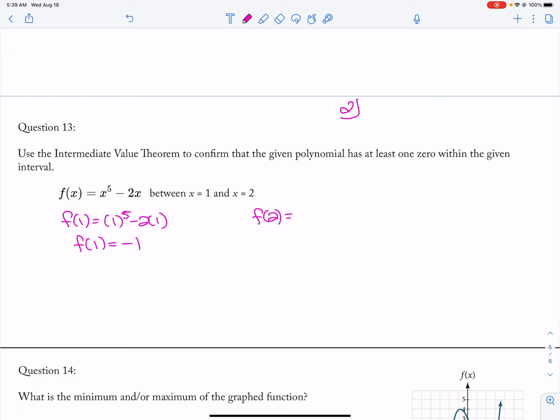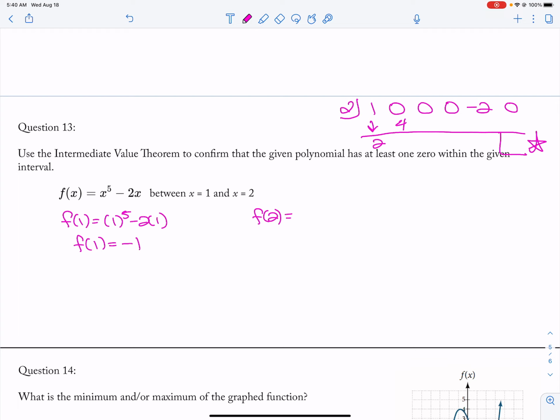My coefficient of x to the 5th is 1, my coefficient of x to the 4th is 0, there's no x cubed, there is no x squared, there is an x, and there's no constant term. So I could use synthetic division, and whatever I get down here is actually going to be what f of 2 is. I do this sometimes when I just need a quick answer.